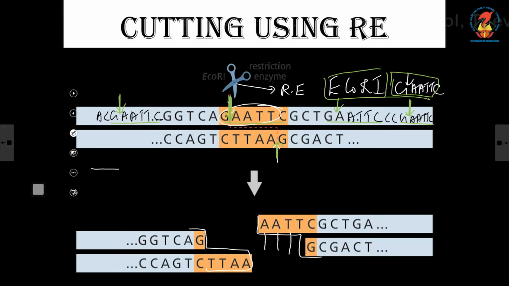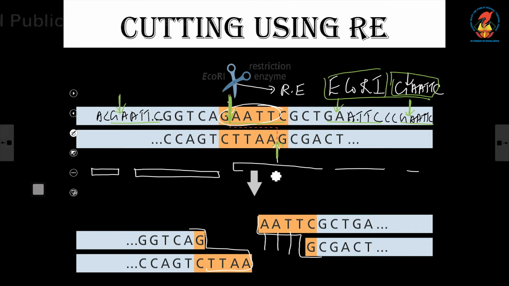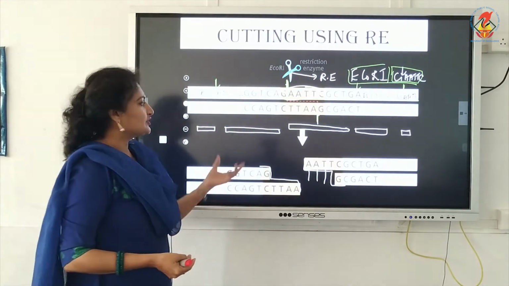Just draw 1, then 2, then 3, then 4, 5. Now look at the sequence. If I am highlighting it or making it broad, look at the length of these segments cut by the restriction enzyme EcoR1. Look, there are many fragments of different size.